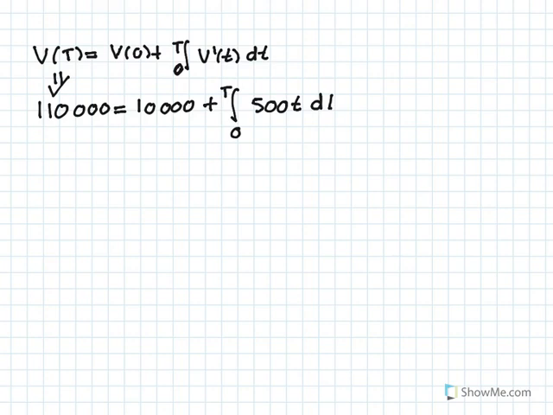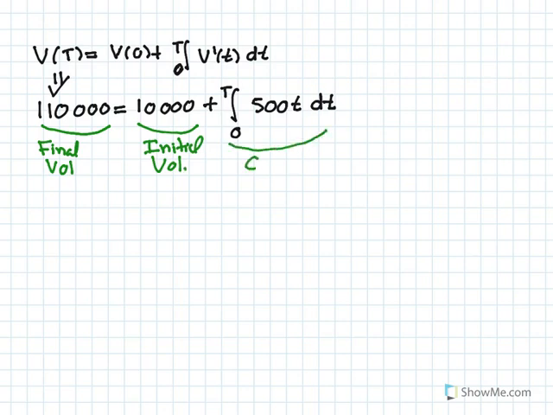So we integrate the rate with respect to time. This is the final volume. This is the initial volume, and this integral is the change in volume. Integrate the rate of change and you get the total change in volume.